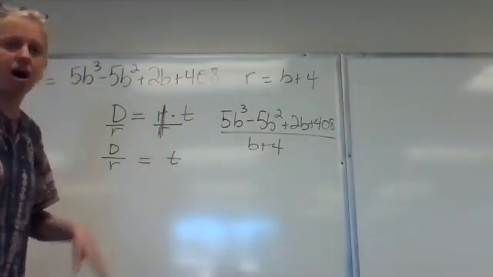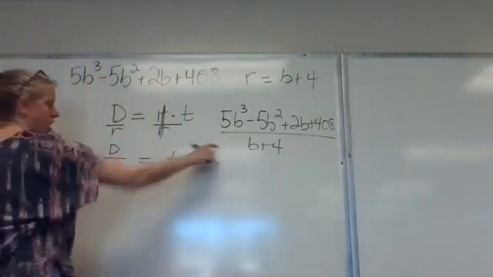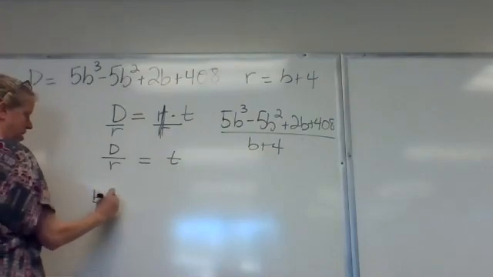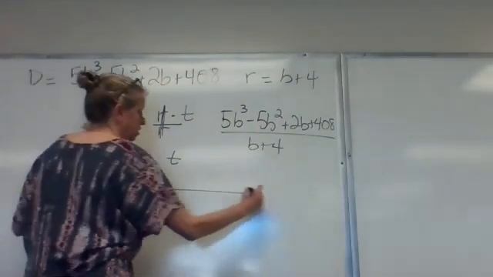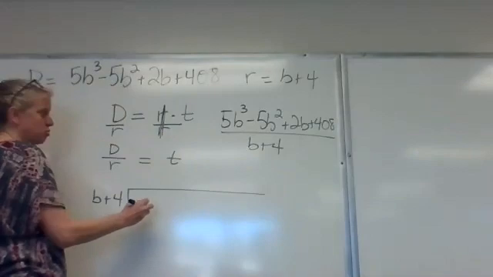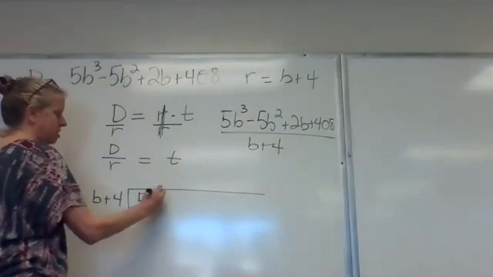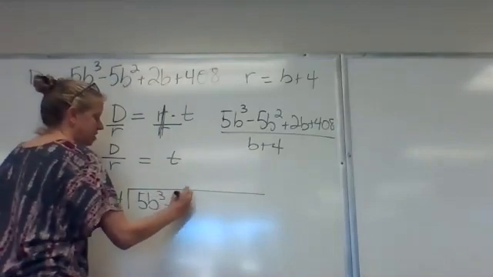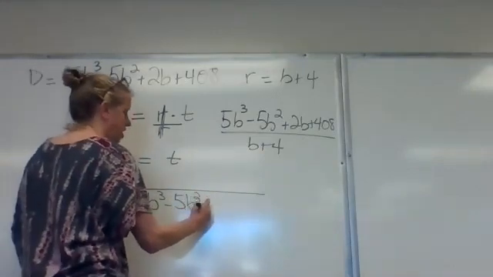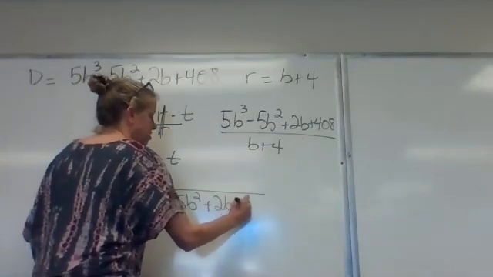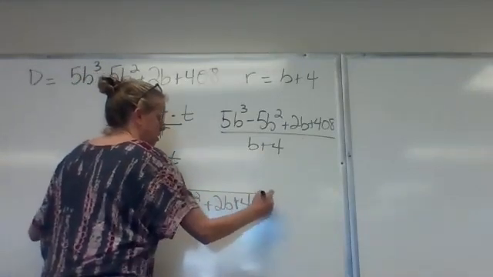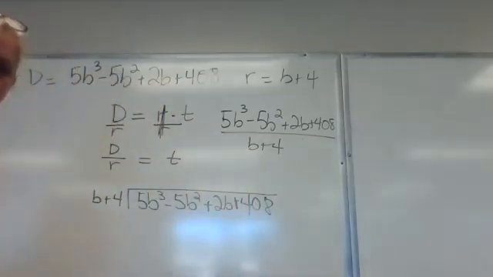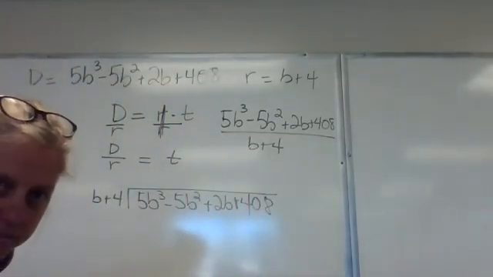I'll set it up and then I'll pause and I'll let y'all work it. So the denominator comes out here, so b plus 4. The numerator is what comes into here. So 5b to the third minus 5b squared plus 2b plus 408. Okay, so I will pause it and let y'all have a go at it.